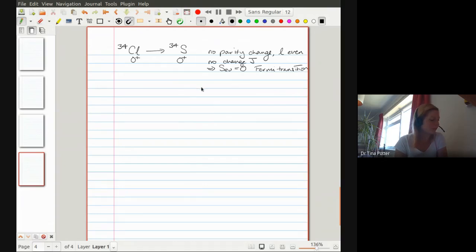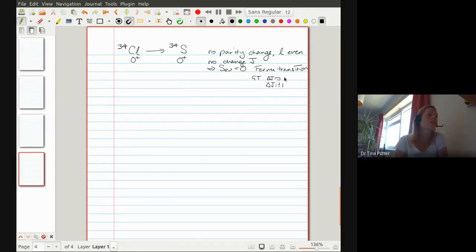Okay. So if we have a look at the other ones that we could have, for example, the Gamow-Teller, we can have delta J equals 0 or delta J equals plus or minus 1.